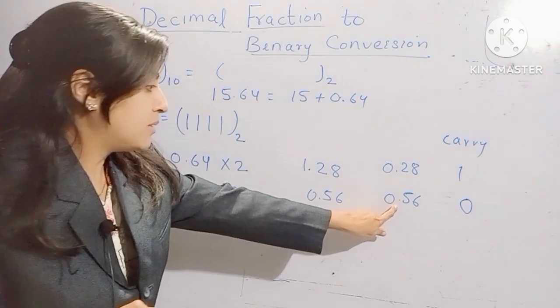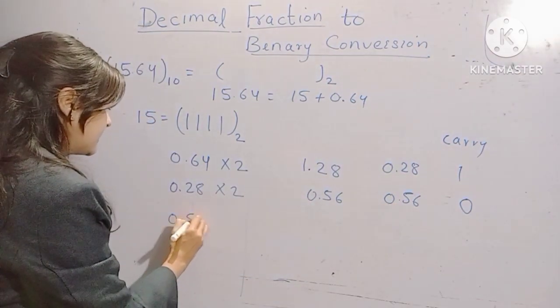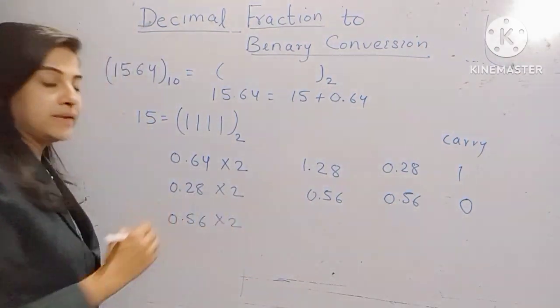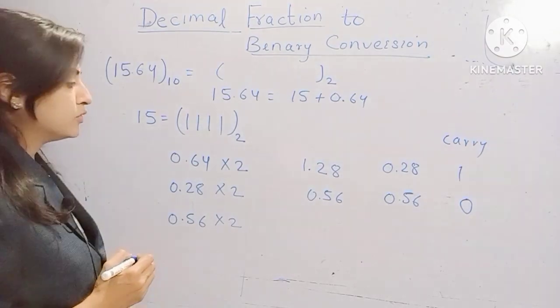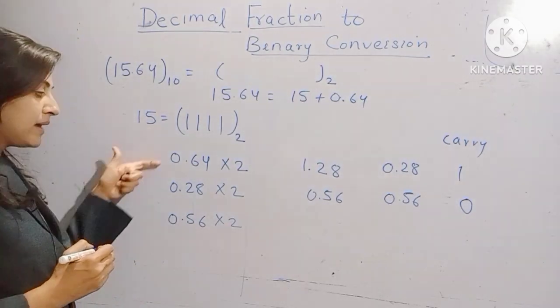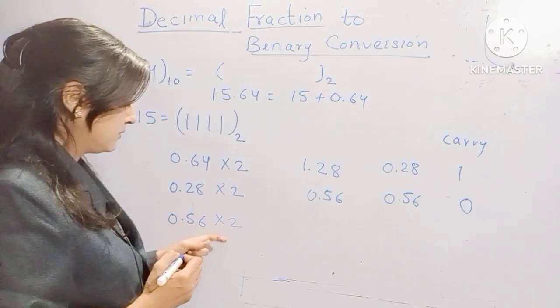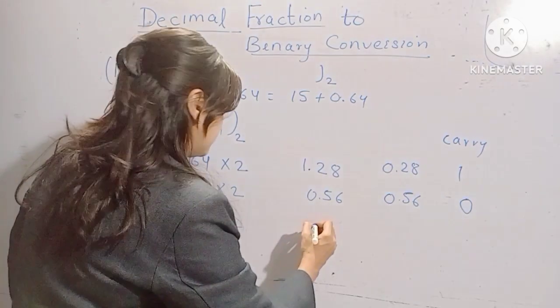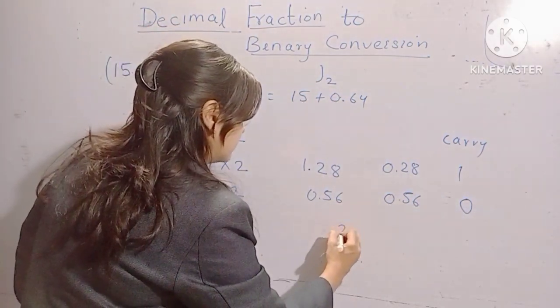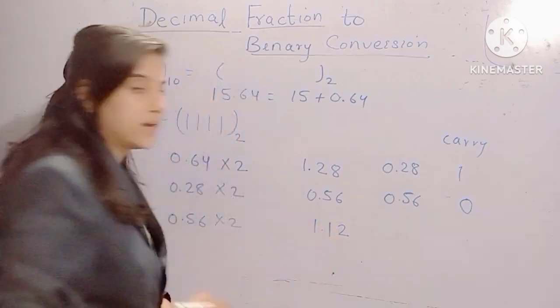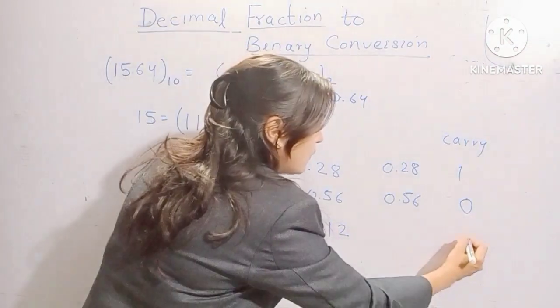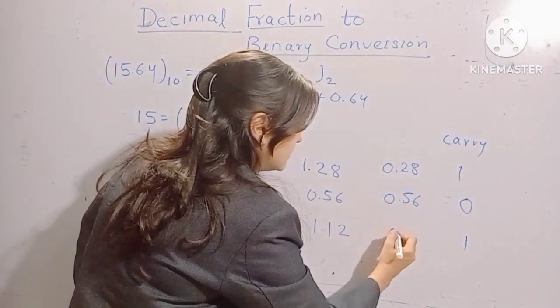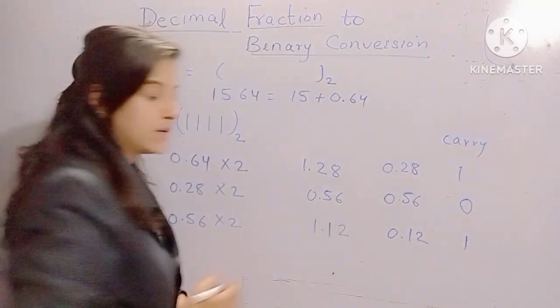So I'll take this number 0.56, write it here, and again multiply that number by 2. For 3 or 4 times we can have the same steps. So I'll get here 1.12.